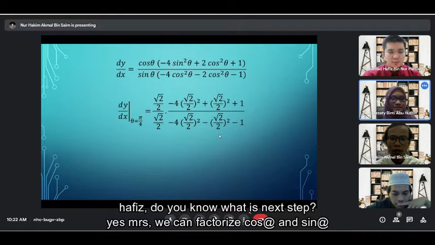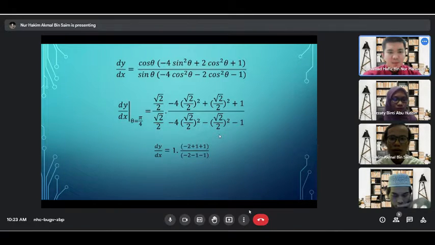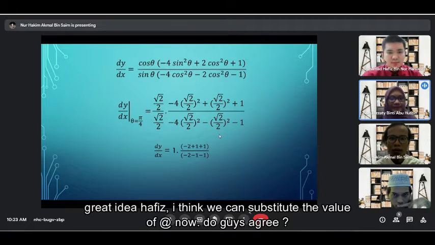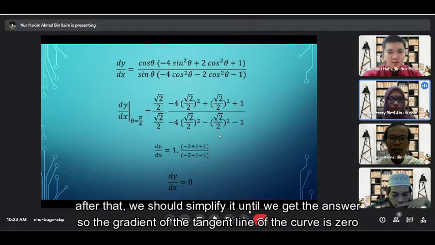Hafiz, do you know what is the next step? Yes, Miss. We can factorize cos theta and sin theta. Great idea, Hafiz. I think we can substitute the value of theta now. Do you all agree? Yes. After that, we should simplify it.